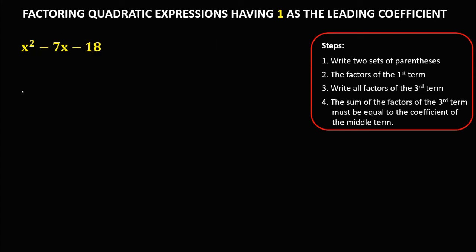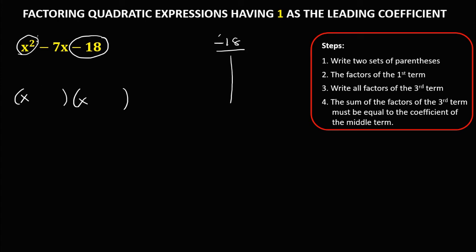Then for this given, write two parentheses. Then the factors of the first term, we have x times x. Then list all the factors of the third term, negative 18. Since 18 is negative, one of the factors must be positive and one is negative.